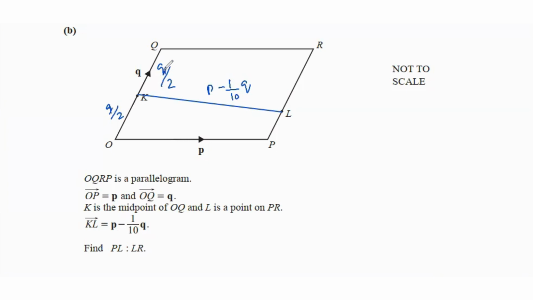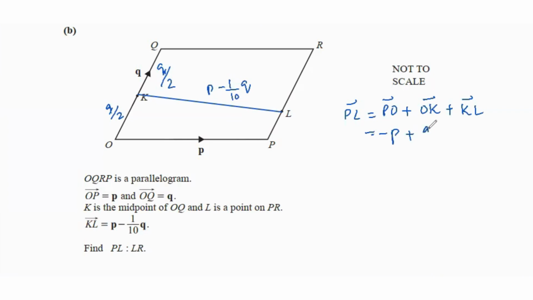So what we can do over here is we can find PL first. PL is going to be PO plus OK plus KL. So PO is going to be negative P because the direction is changing now.